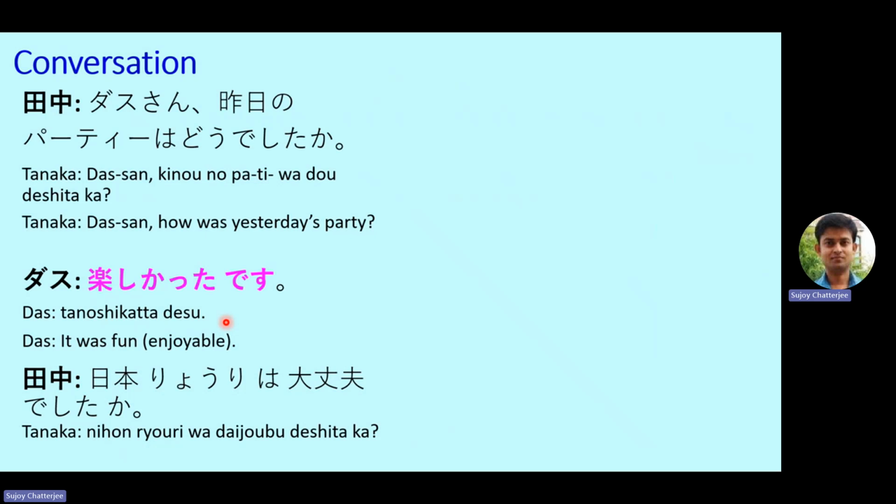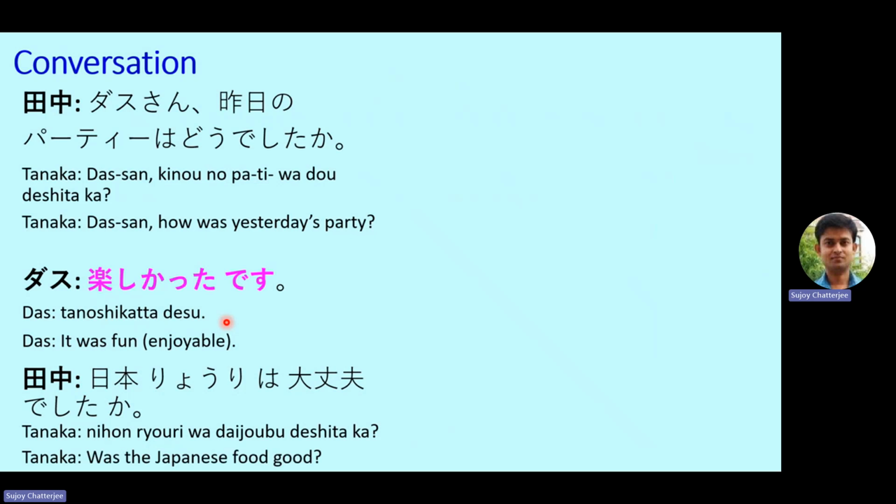Nihon ryori wa daijoubu deshita ka? Now, what is nihon ryori? Ryori is cooking or cuisine. As Mr. Das is not Japanese, Tanaka-san was wondering how Mr. Das liked the Japanese food. That's the reason why he asked this question. Nihon ryori wa daijoubu deshita ka?